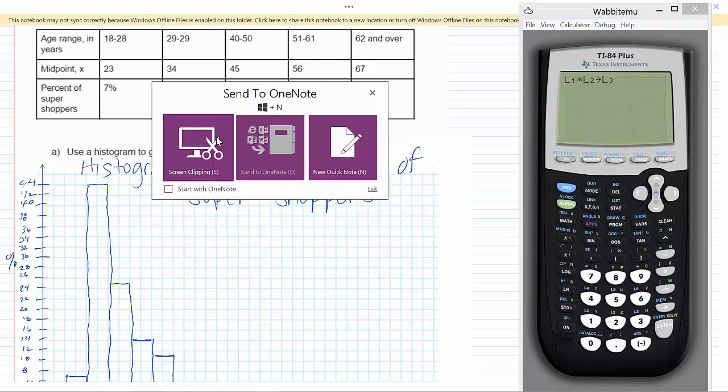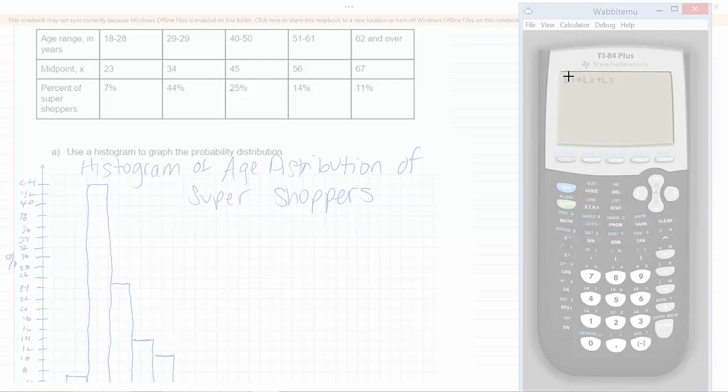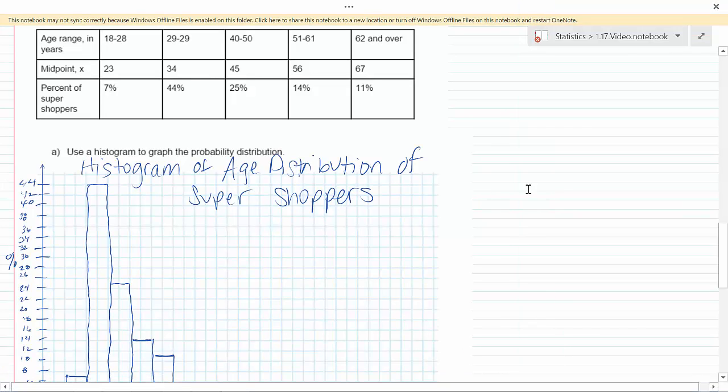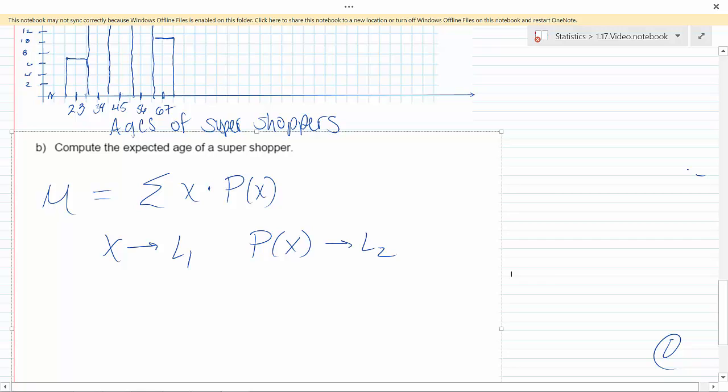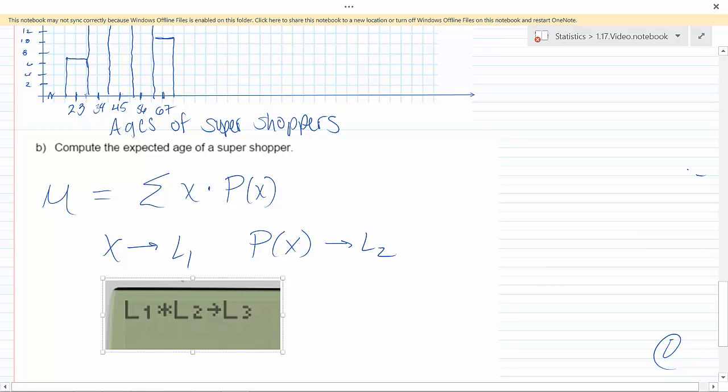And I'm going to take a screenshot of that so I can write that in my work to show what I've done. So x was L1, p of x is L2, then I did L1 times L2 and I stored it in L3.